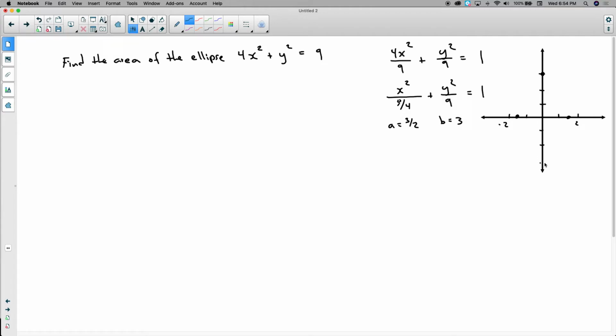And we need to take the time to do this, because if we're going to find the integral, we're going to need some limits of integration, and it's going to be running from -3/2 to +3/2. So that wasn't evident in the beginning, so we do need to take the time to roll that out. All right, good enough for me.